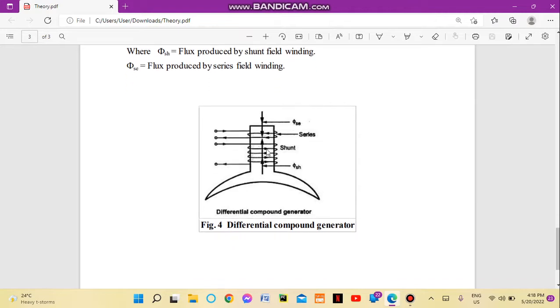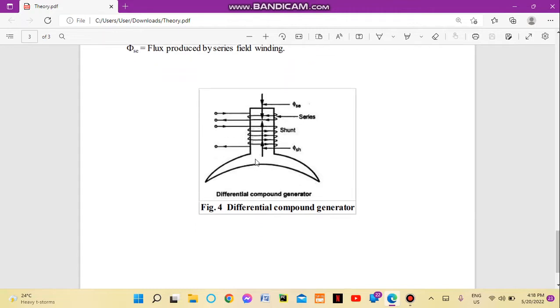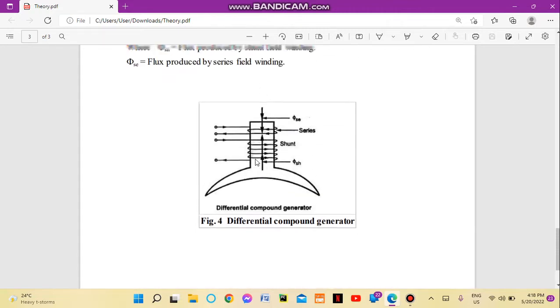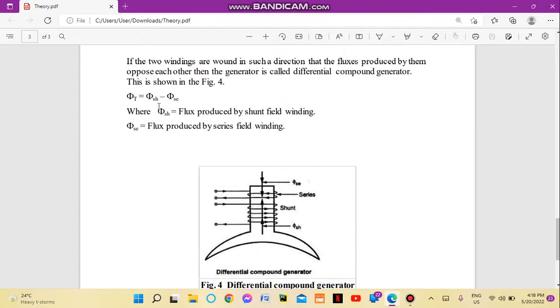Due to this difference in the direction of current in the respective field windings, there would be a reduction in flux produced in the generator. If I were to summarize it in the form of a formula, total flux would be flux of shunt minus flux of series.